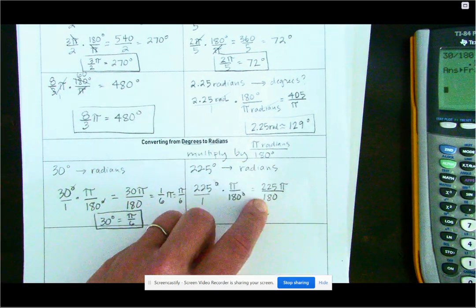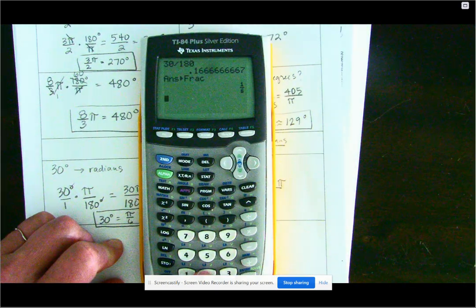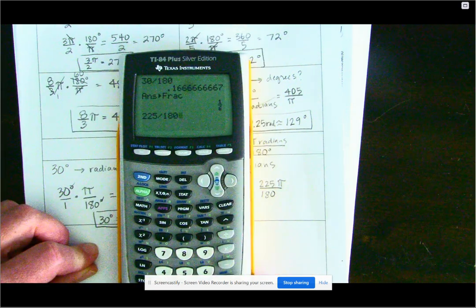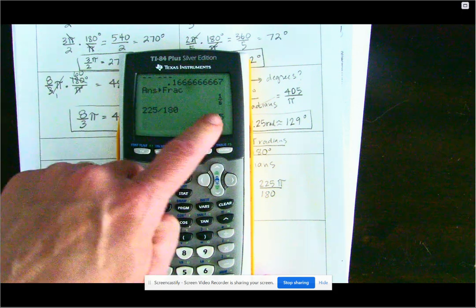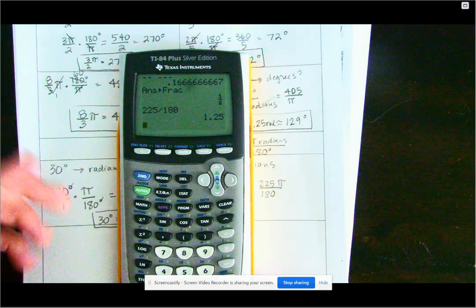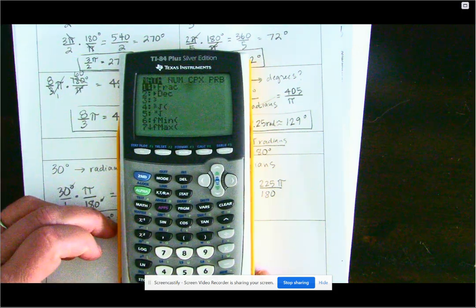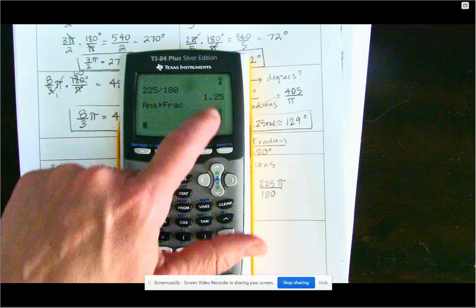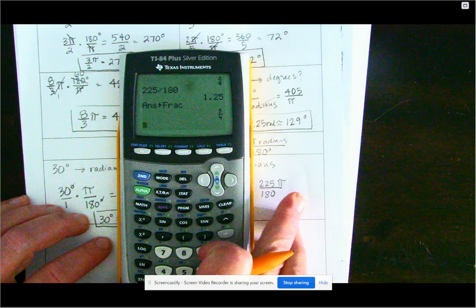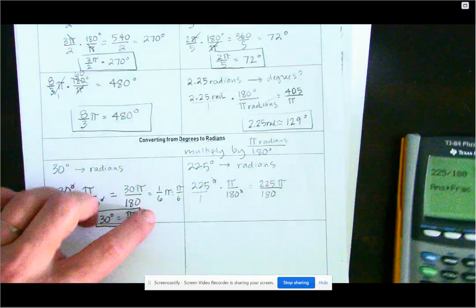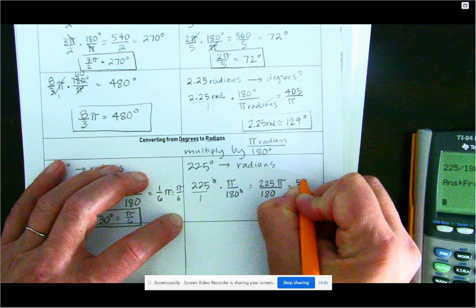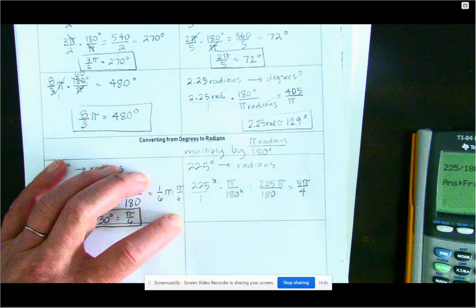A little bit more annoying to simplify. You can hit 225 divided by 180. There's other ways to do it as well. When you hit enter, your calculator is defaulted usually to decimal mode. Math, enter, enter. It's taking your last entry and changing it into a fraction in simplified form, 5/4. So that is 5 pi over 4, or 5/4 pi.